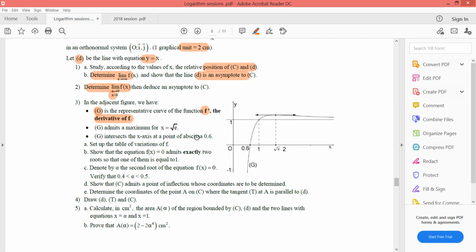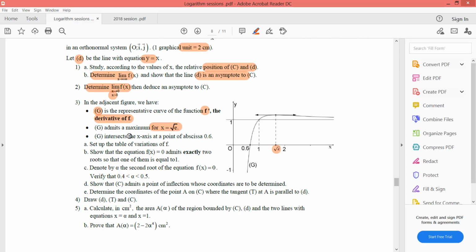G admits a maximum at x equal to radical e, that we are going to use later in the exercise.